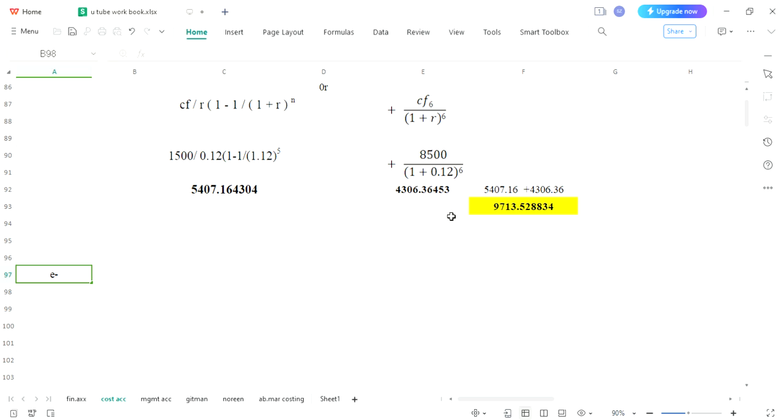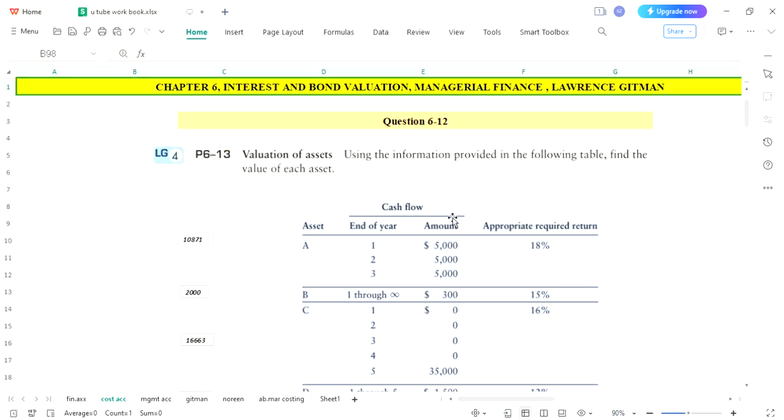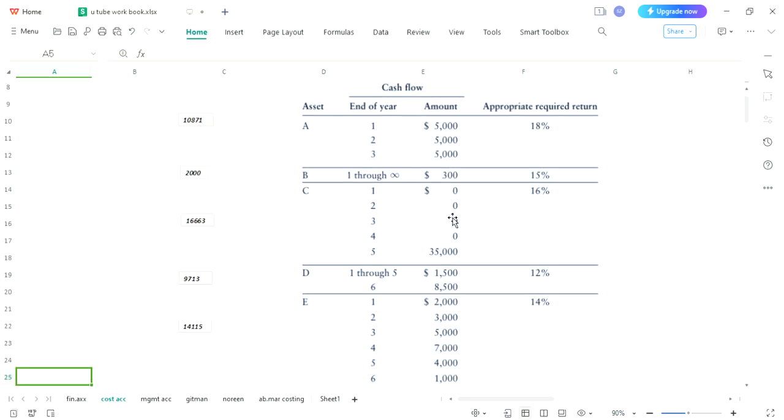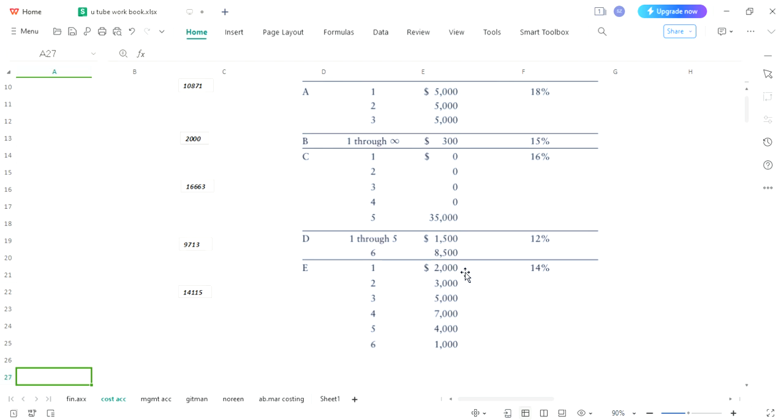So let's go back. Unfortunately the system is not responding well, and it will take a little time.